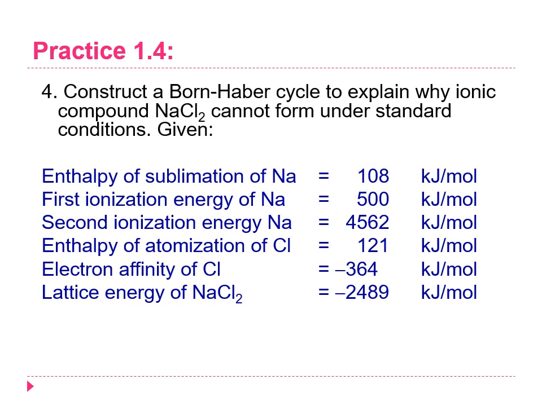For question number 4, you have to draw the Born-Haber cycle and you have to find what enthalpies are not listed in the data. So I believe I cannot see there the enthalpy of formation. So once you find the enthalpy of formation, you would know that it will give you a certain value, that value will tell you why NaCl2 cannot form under standard conditions.